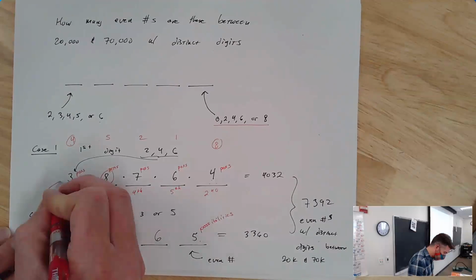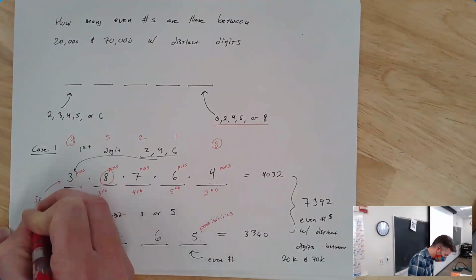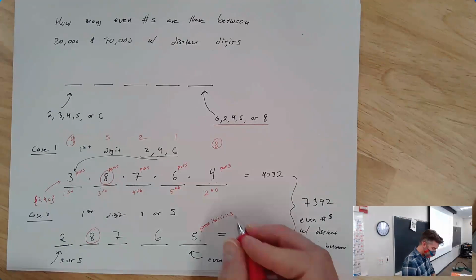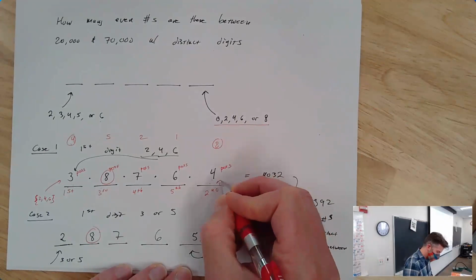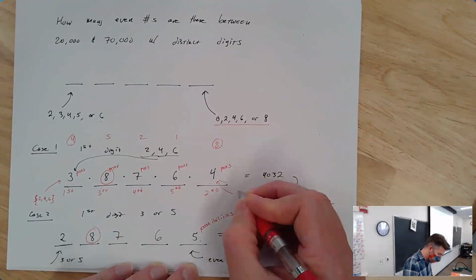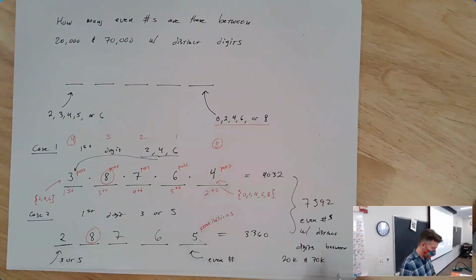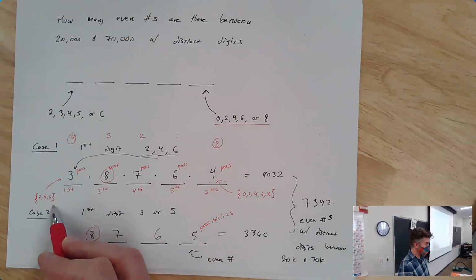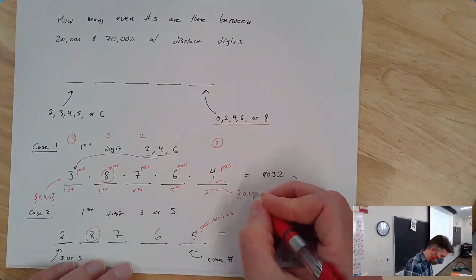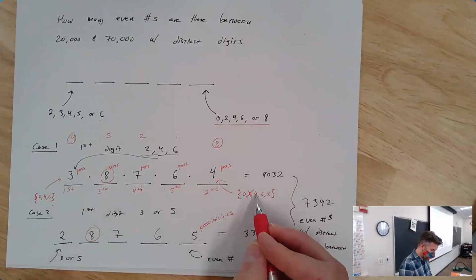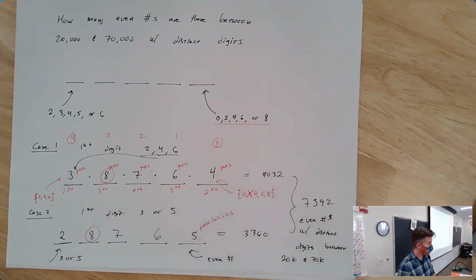That beginning spot was 2, 4, or 6. So I used up one of those even numbers. And then this one is 0, 2, 4, 6, or 8, except it can't be the one we've already picked over here. So maybe I picked 2. So I've got 1, 2, 3, 4 things left to choose from.